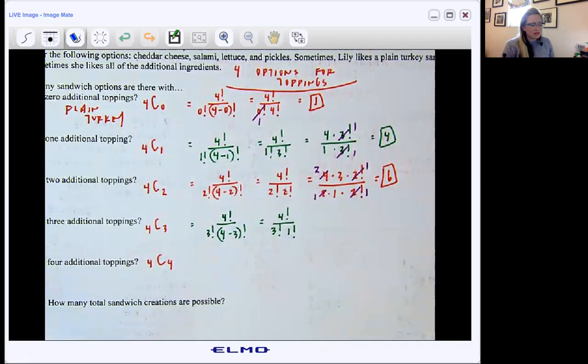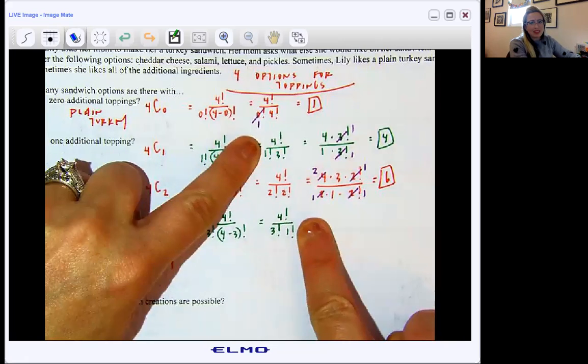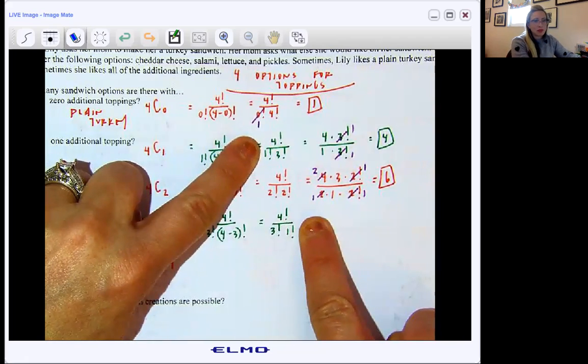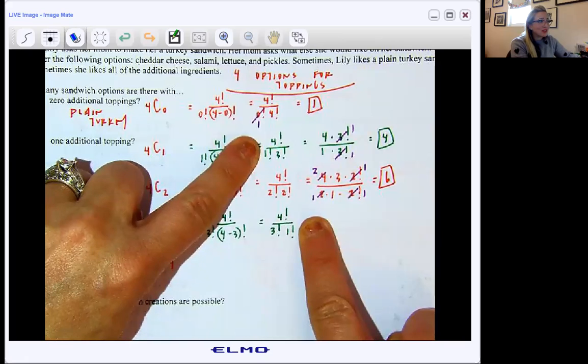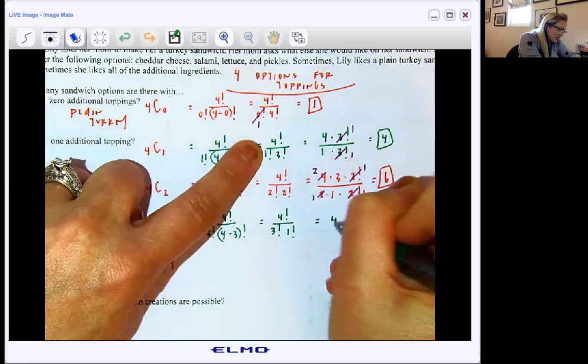Well, isn't that the same as what we have right here? Aren't those the same thing? Because the bottom is really the same. We just switched the order, right? So 1 factorial, 3 factorial, or 3 factorial, 1 factorial, it's the same bottom, the same denominator. So it ends up calculating the exact same way. We're going to get 4 right here.